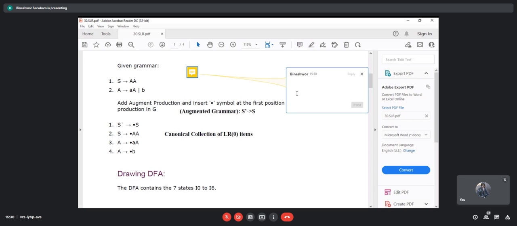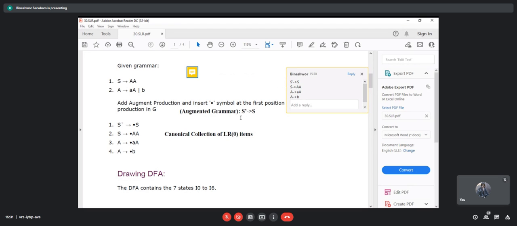If we include the augmented production, then it becomes S' implies S, S implies A, A implies aA, A implies B. So this is our grammar on inclusion of the augmented production.